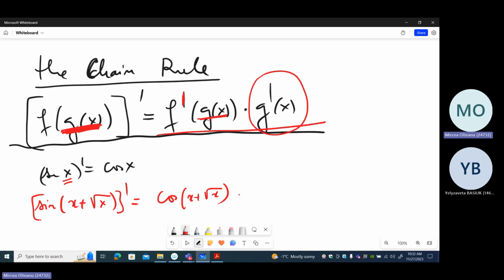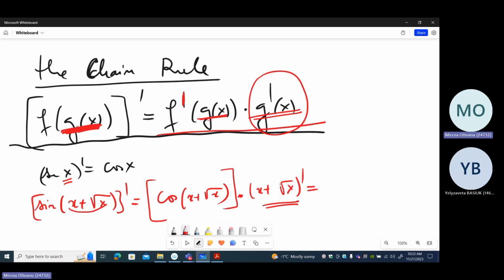You must multiply the cosine by the derivative of g. The g is what is inside, so times the derivative of x plus root of x. Now it's good to put a parenthesis here to understand that this expression is multiplied with the cosine, not inside the argument of cosine.